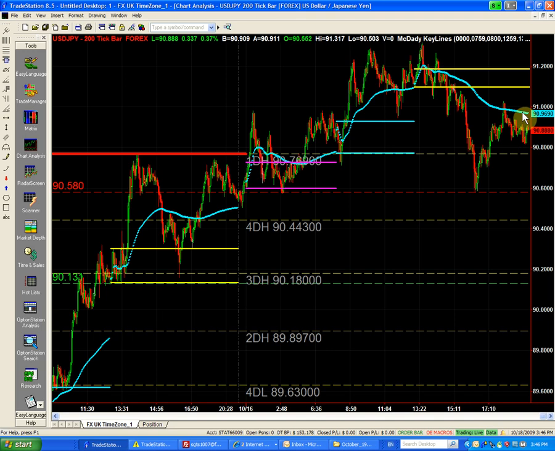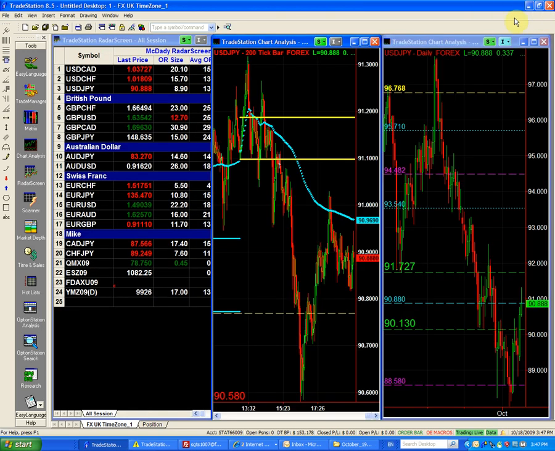If I do have a break to the upside out of Tokyo, then I'm going to take the buy. So I would be buying again anywhere above 90.88, or if you want to take a trade above the market side, which is 90.96, that would be all right. But we are not going to take any shorts in the dollar yen unless it trades below 90.58.